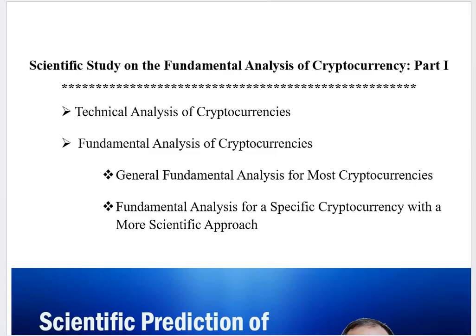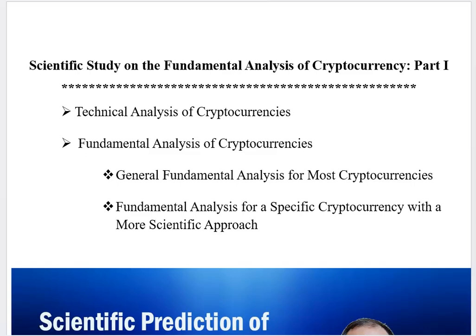There are two common approaches for analyzing cryptocurrencies. One is technical analysis, which I personally do not use, whether for crypto, stocks, gold, or any other asset class. The other is fundamental analysis, which is what we're going to discuss today.